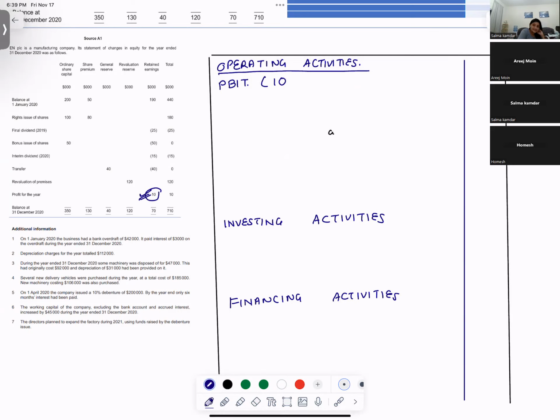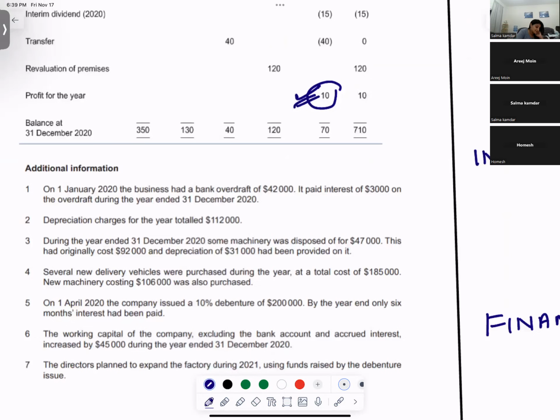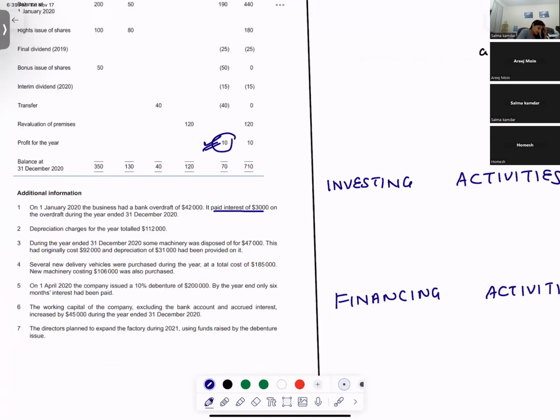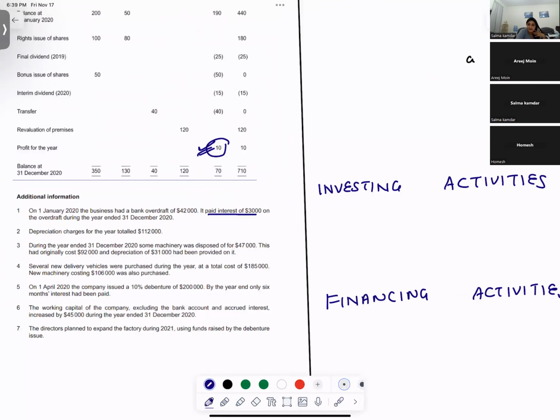Now tell me what is the interest? Locate where is the interest. The first additional information, 3,000. What is the interest? 3. What else? Is there any other interest?